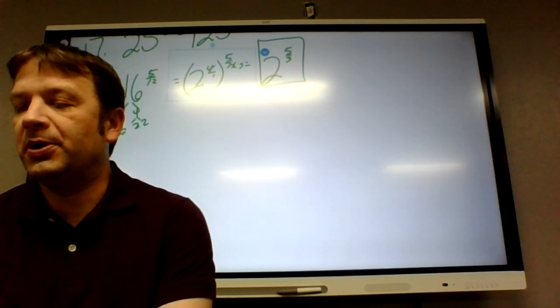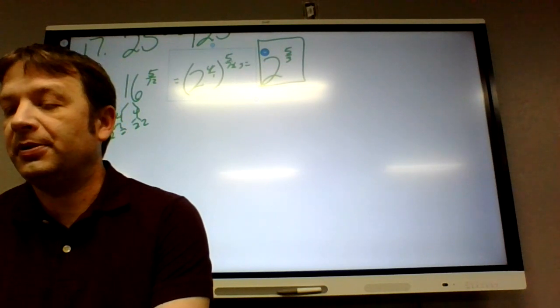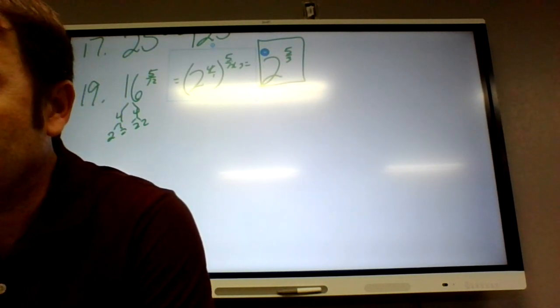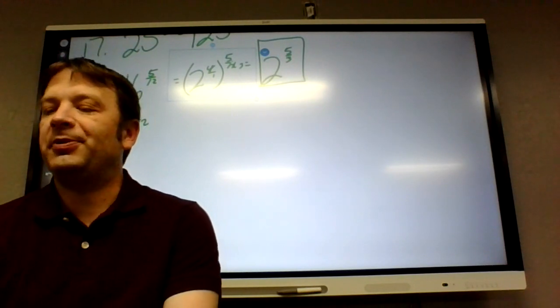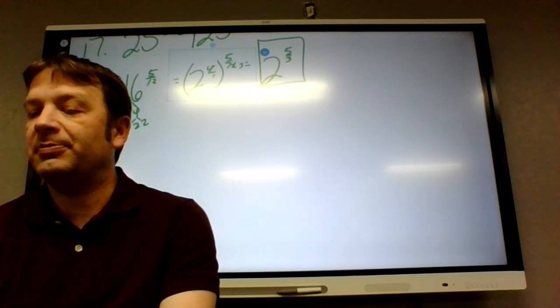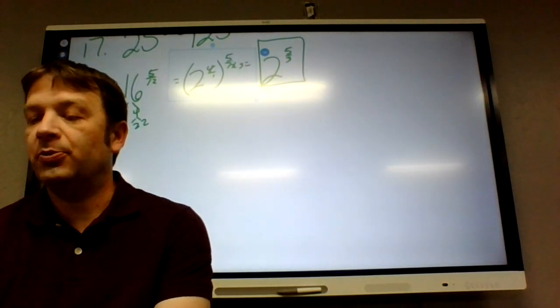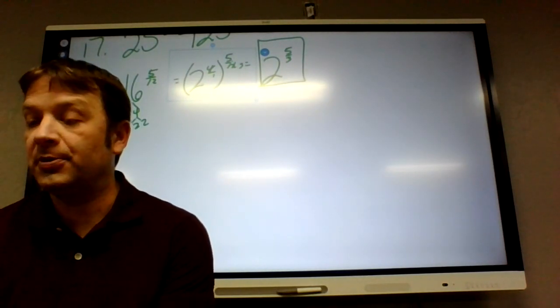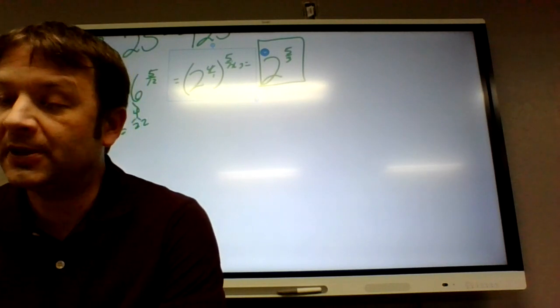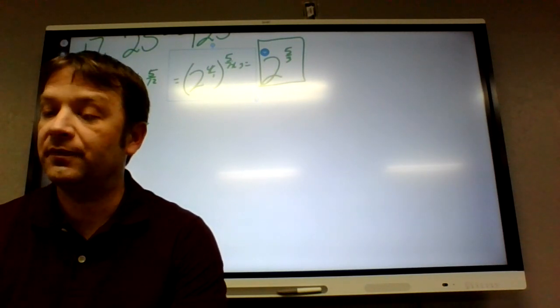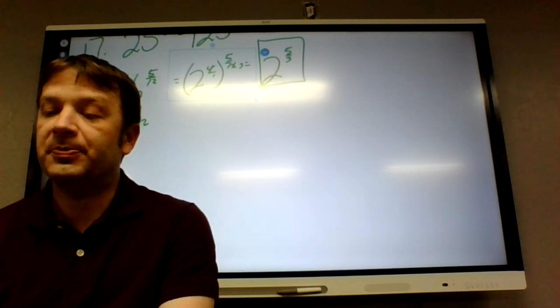So on 20, just write down the cube root of 3a squared b to the third, and then simplify a little bit. Do you guys get that? So the 1/3 power turns into the cube root of that stuff in parentheses. And then you can simplify it a little bit, kind of like we did on number 5 or 4 or whatever. Those problems.